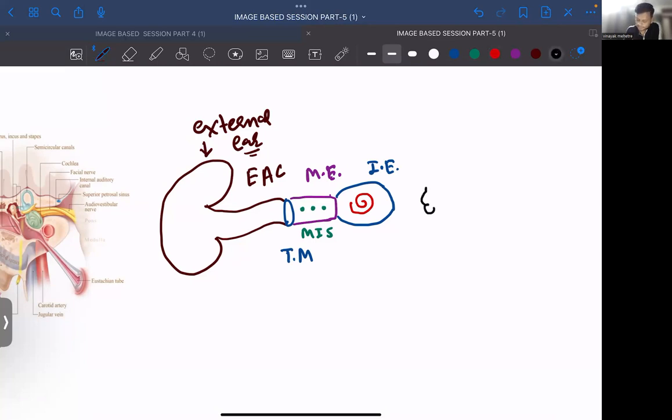By which nerve? Anyone? Yes, it is the 8th nerve. The inner ear is connected with the brain by the 8th nerve.